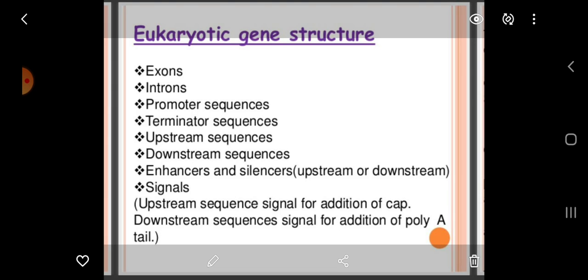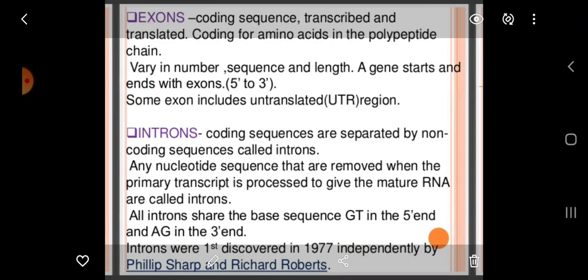It has the following parts: exons, introns, promoter sequences, terminator sequences, upstream sequences, downstream sequences, enhancers and silencers, signals. Upstream sequence signals for addition of cap.